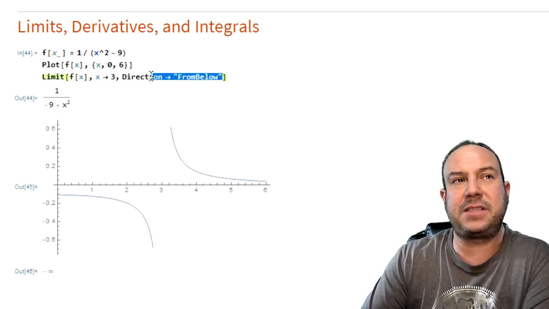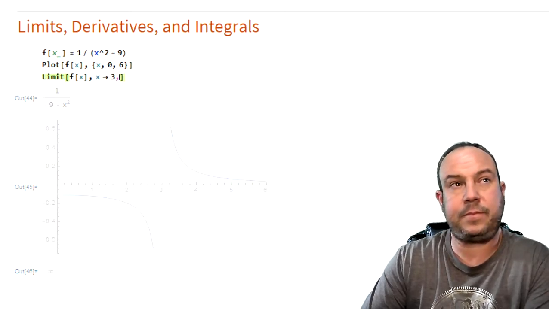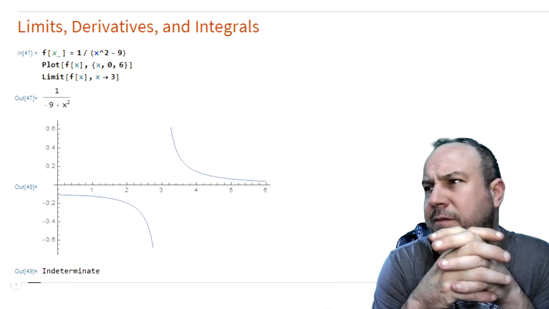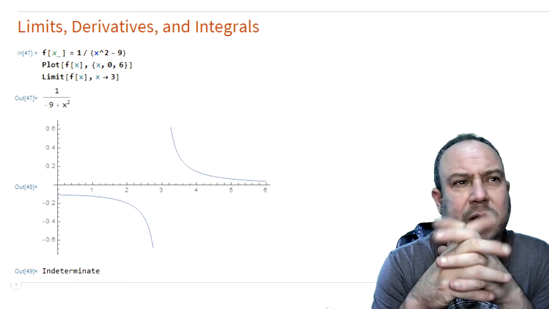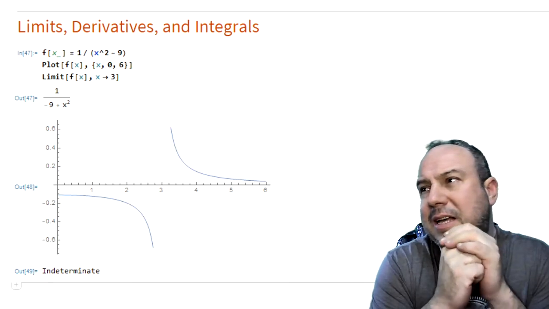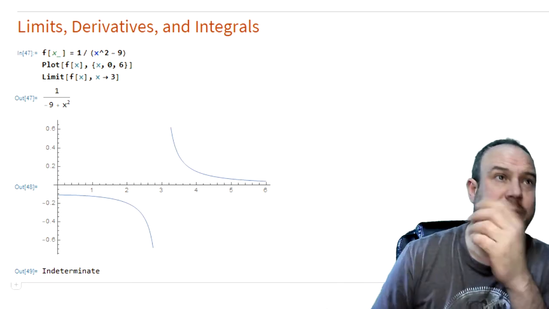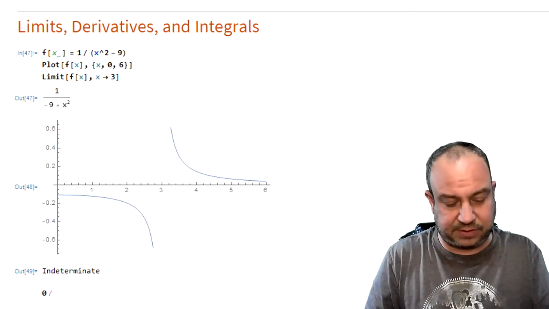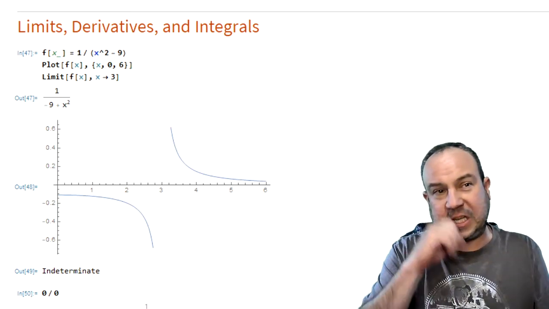However, if we don't specify a direction, Mathematica is going to say what you've given me is an indeterminate form, right? And it specifies indeterminate. Mathematica does identify indeterminate forms. If I took, for instance, 0 divided by 0, it'll say that's indeterminate.